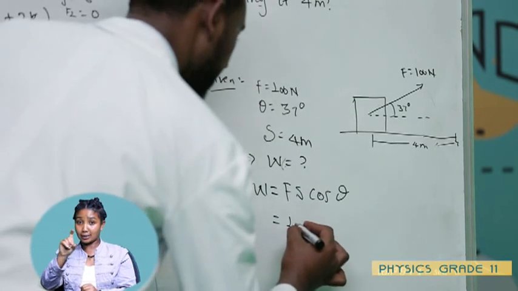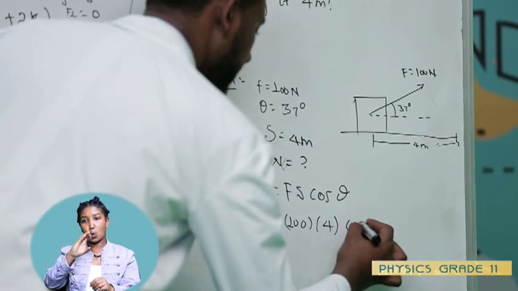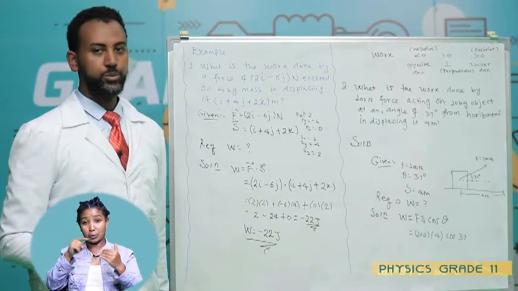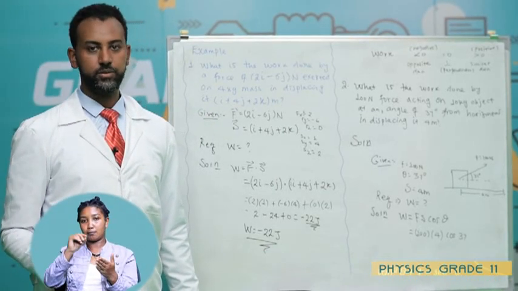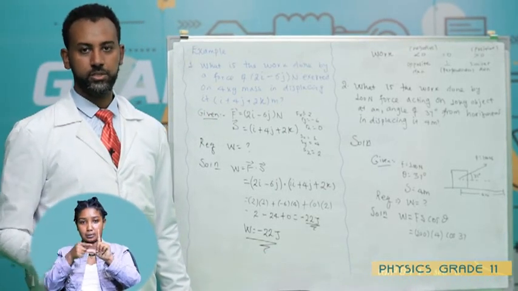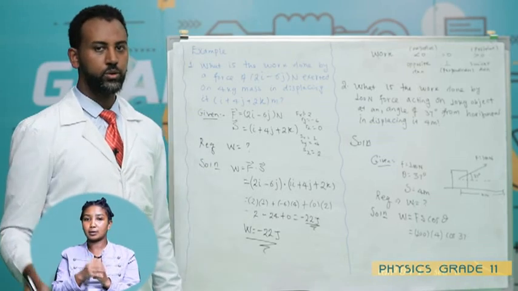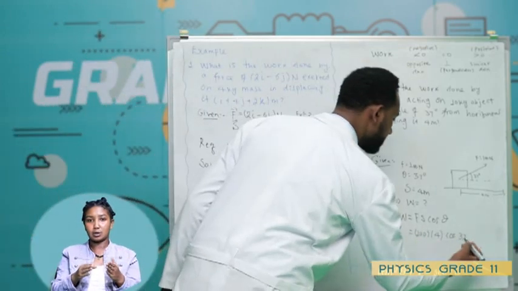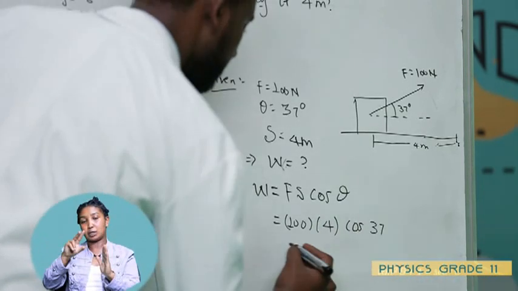F is 100 Newton, the displacement is 4 meter, cosine of 37. Students, I hope you know cosine of 37. These are common angles, 37, 53, 90, 45, 30, and 60 are known. But it's possible to find them in standard physics or mathematics books. So cosine of 37 is equivalent to sine 53, which is 0.8.